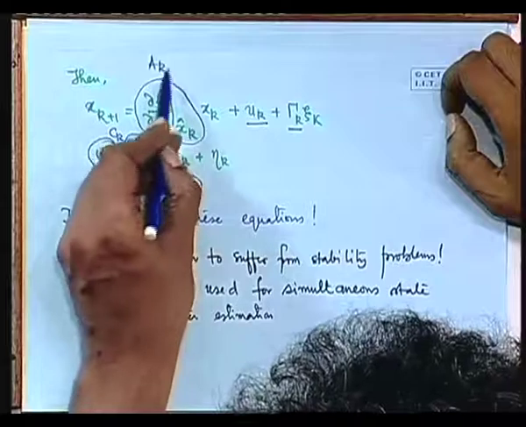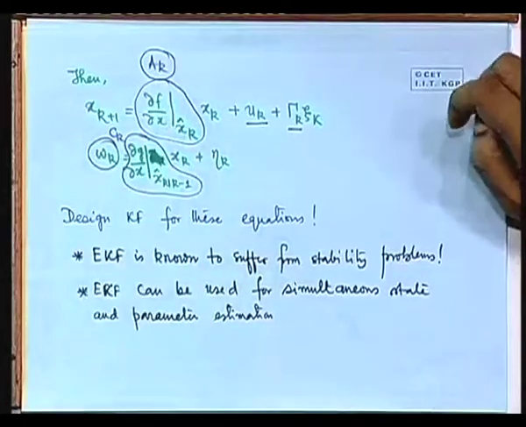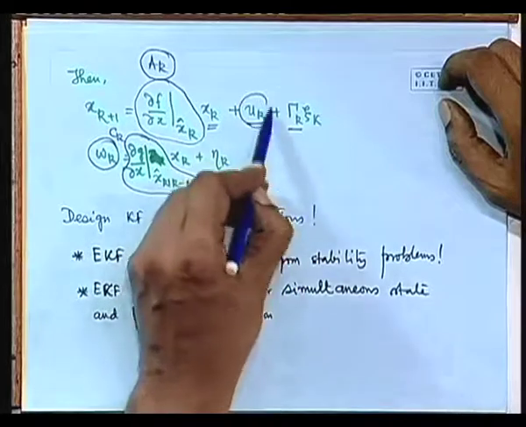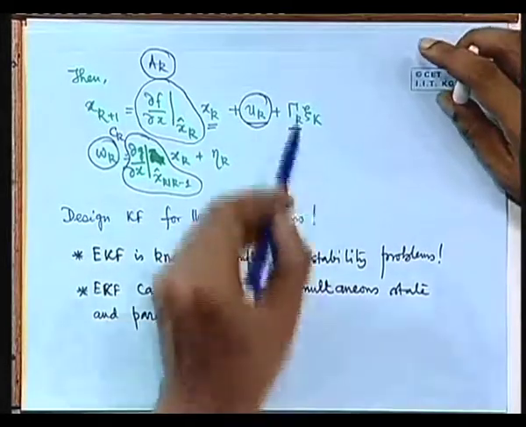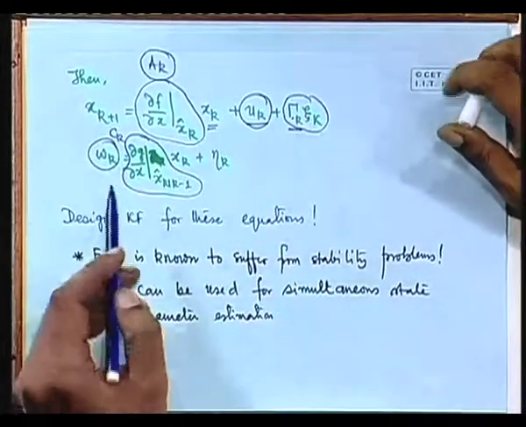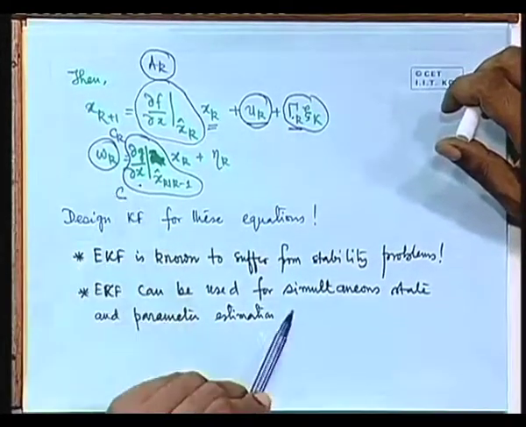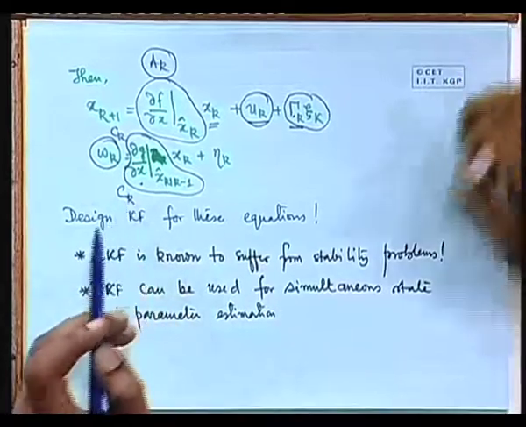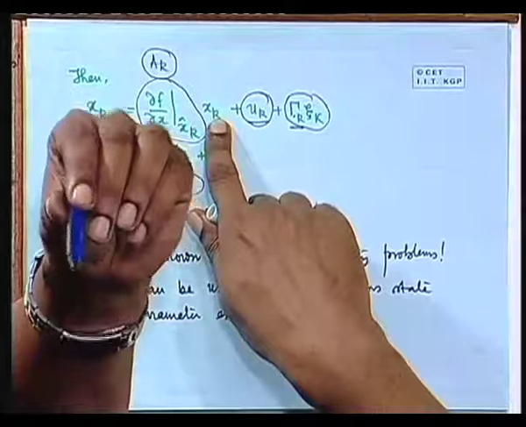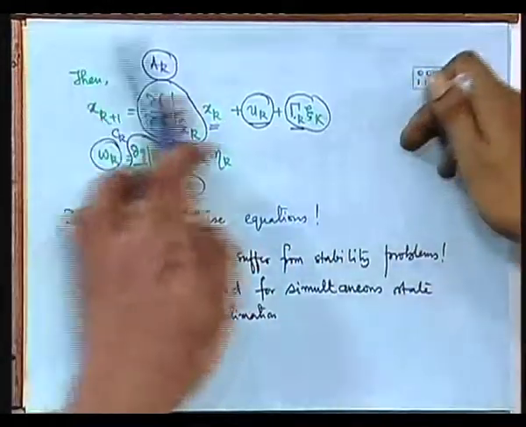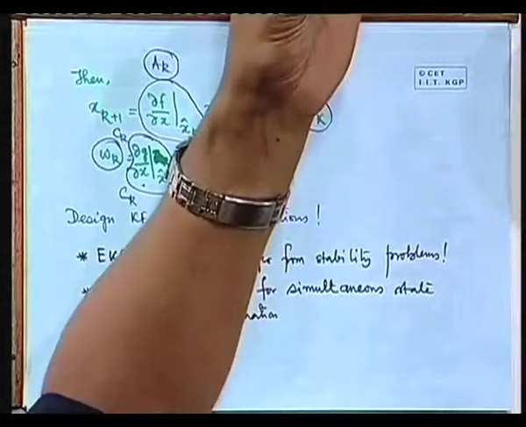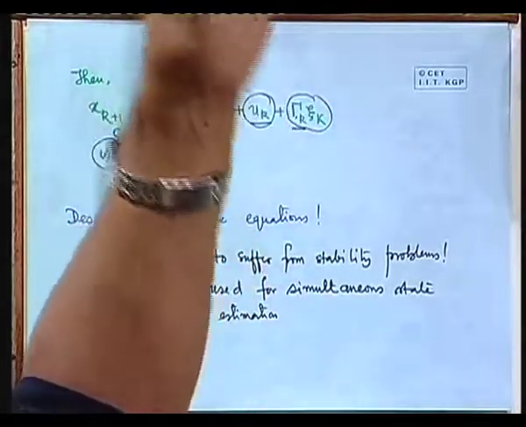This is like your matrix AK, this is xk, this is your known input uk, this is gamma k. xi k is unknown, gamma k is known, and this is like ck. So in the vicinity of x hat k, the system dynamics behaves like this linear equation. Around x hat k, at least for one step, you can have a linear Kalman filter formulation.